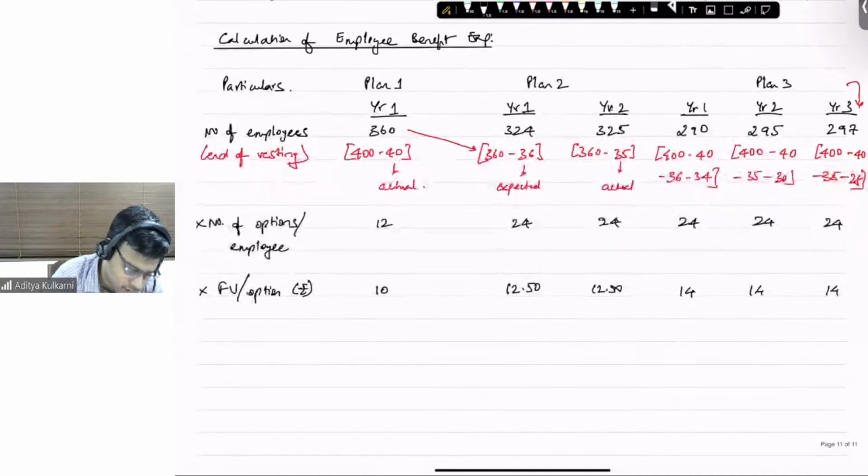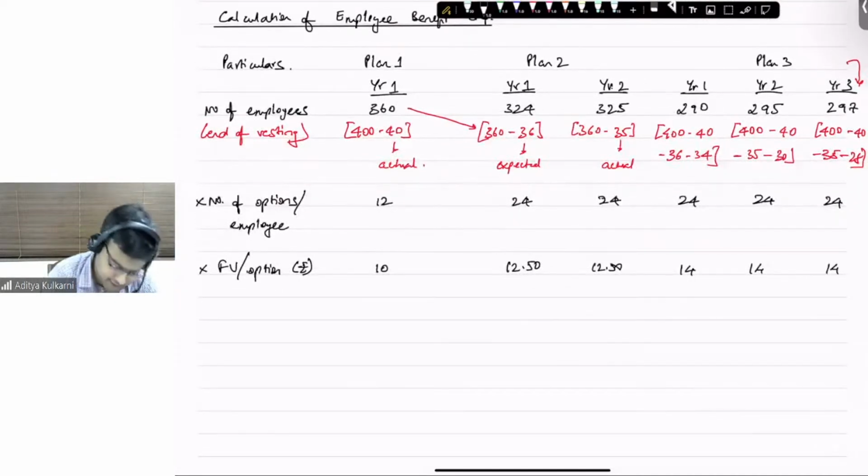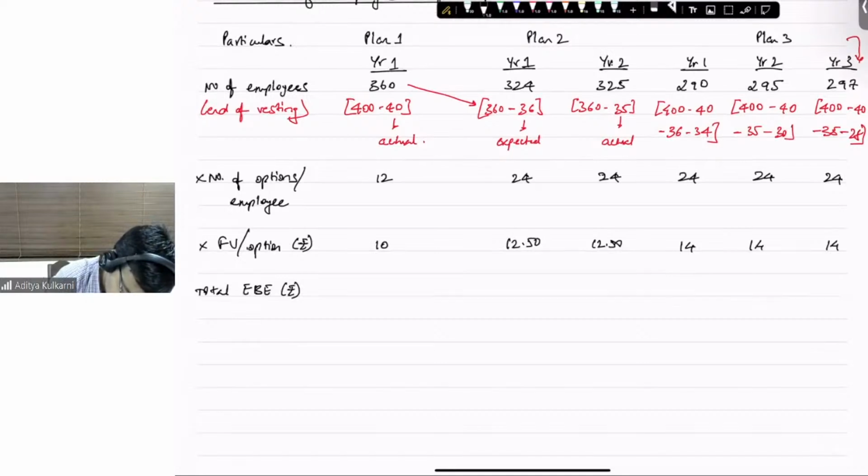So what are you going to do? This gives you total EBE. So 360 into 12 into 10. That gives you how much? This is in rupees. So this gives you 43,200.